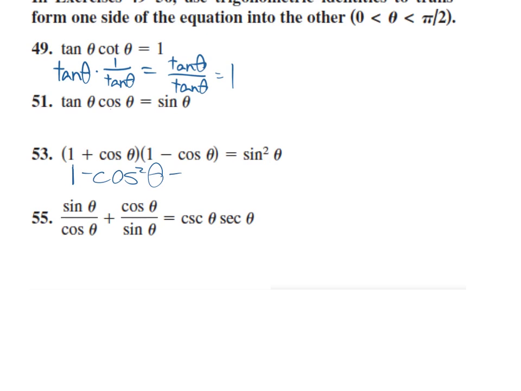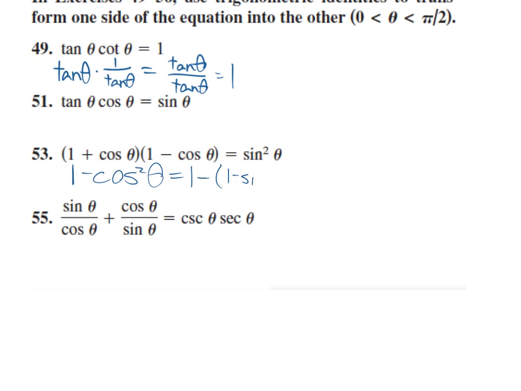Alright, well, using my Pythagorean identity, I could say that cosine squared equals... Can we just say cosine squared equals 1 minus sine squared? You could.